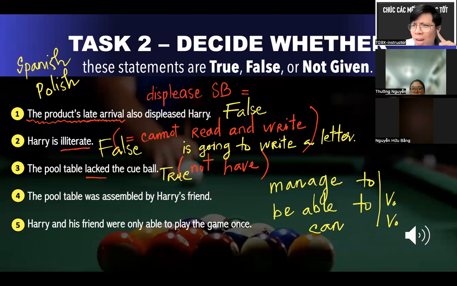Did you hear that? And that is a cue for us to know that he is not illiterate. He can read and understand English. Now, he managed to follow the diagram and get the pool table put together.